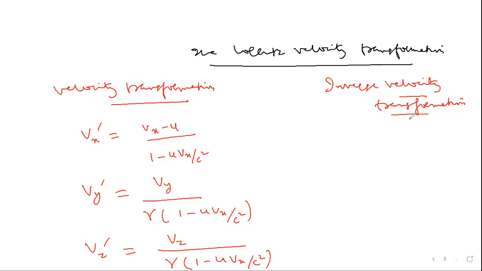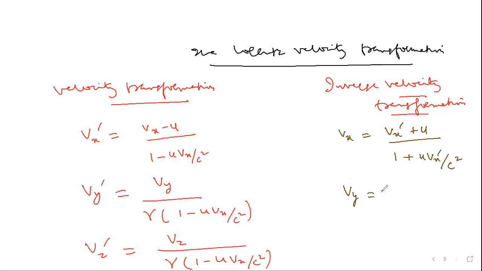And in the inverse case, Vx is Vx prime plus u over 1 plus u Vx prime by c square.